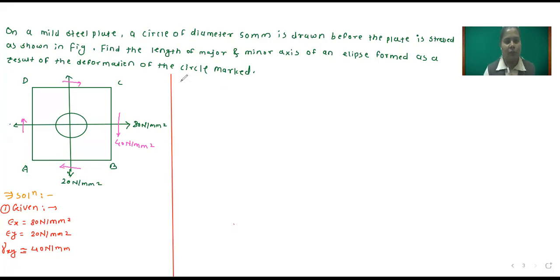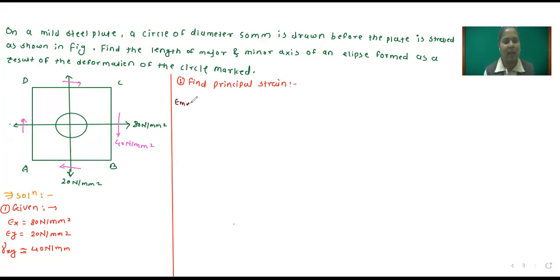First we will find principal strains. In that we get two values. First one is maximum principal strain and second one is minimum principal strain.